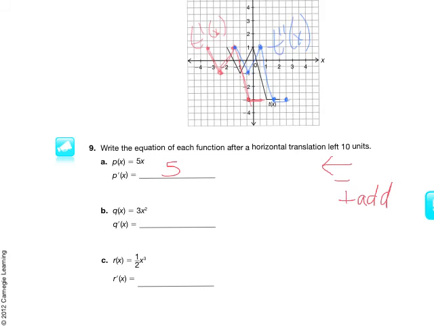I think I'm going to have to put this in parentheses. x plus 10. Because remember, we're going to go to the left, which is negative. So whatever we're going to do inside the function is opposite, will be plus.